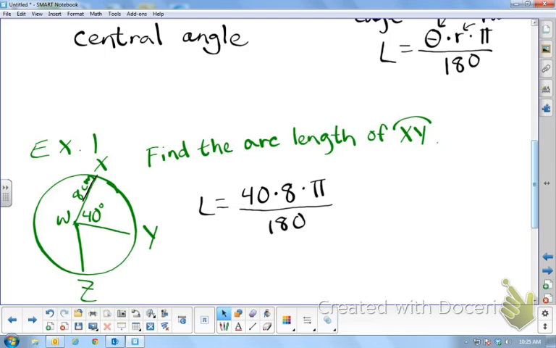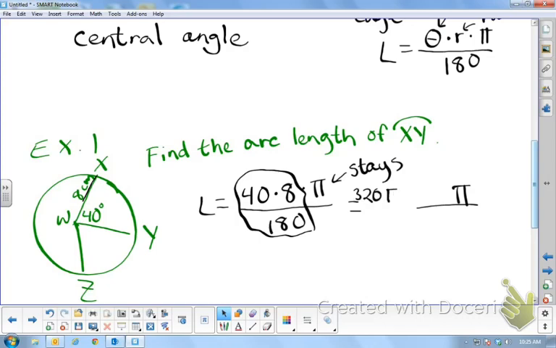When you simplify this, I want pi to stay in the problem. Your final answer should have pi in it. Mathematicians like things exact. Using 3.14 isn't super exact, so we're just going to leave the symbol pi. Which means I really just have to deal with this stuff and simplify this stuff. So first I'm going to multiply the 40 times 8. Gives me a little less going on. That would give me 320 pi over 180.